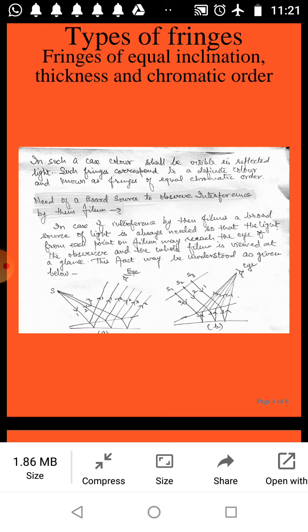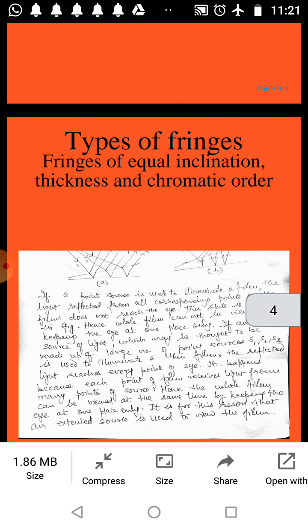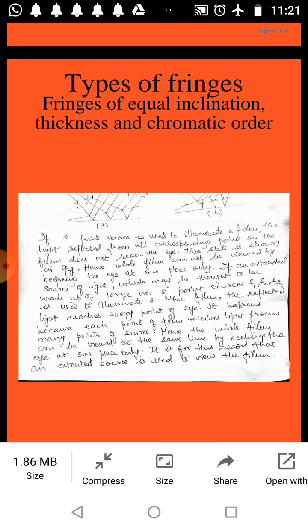It happens because each point of the film receives light from many points of the source. Hence, the whole film can be viewed at the same time by keeping the eye at one place only. It is for this reason that an extended source is used to view the film. So, in thin film interference, we use a broad source to observe interference.